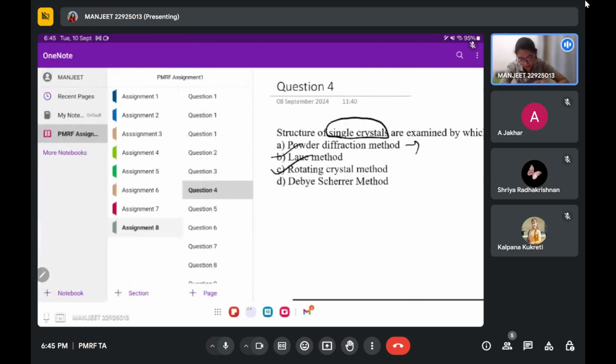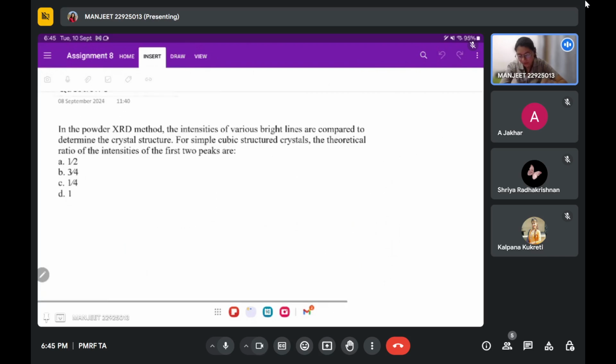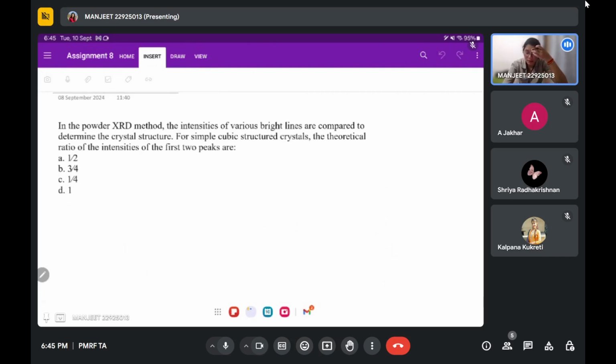Let's move to the next question. Question number 5: in the powder XRD method, the intensities of the various bright lines are compared to determine the crystal structure.